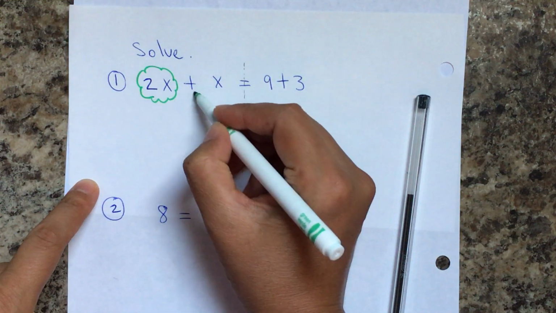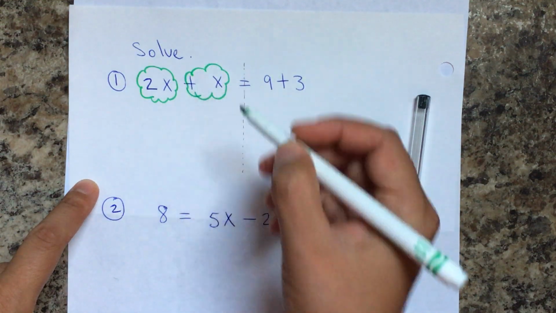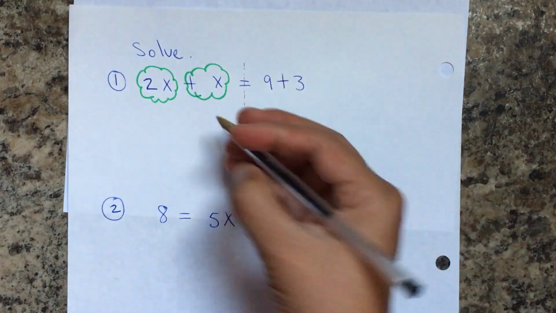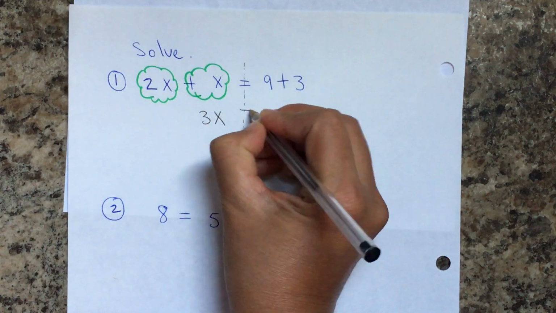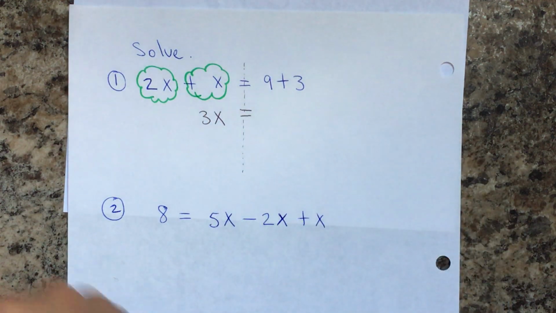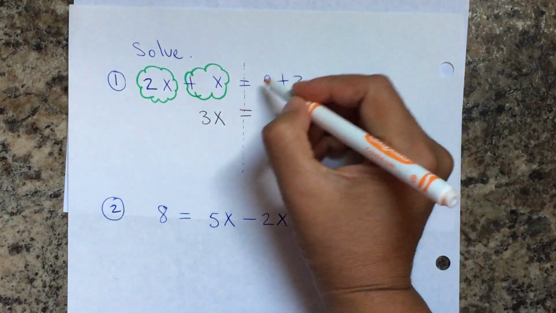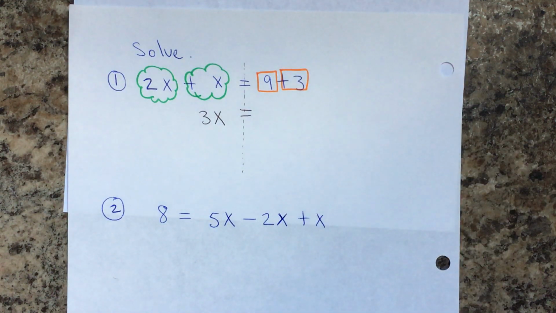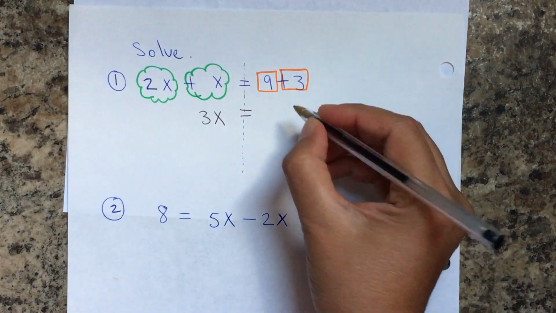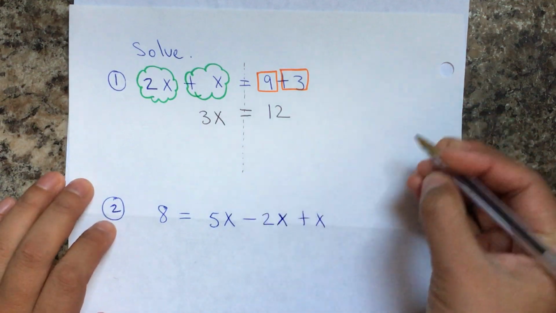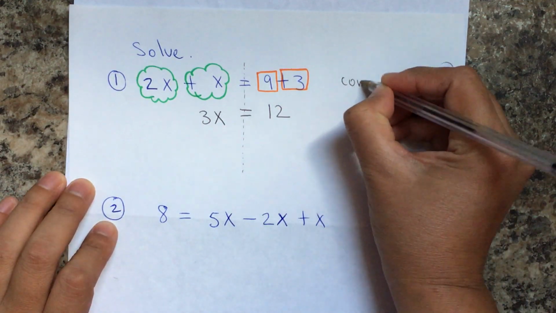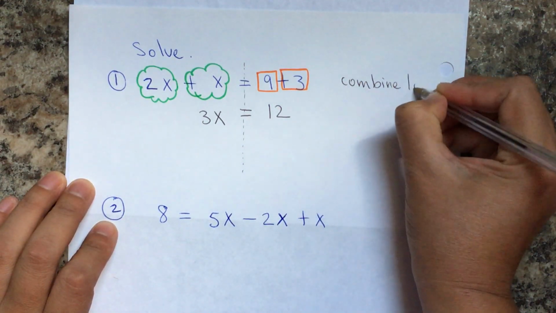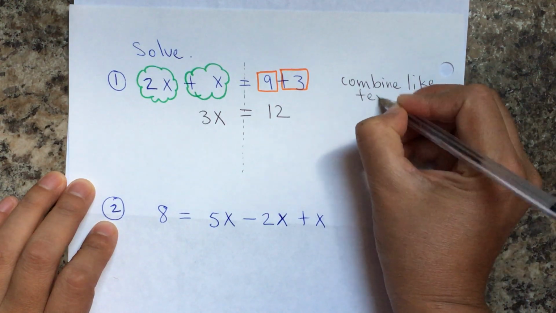Okay? And so in here, I notice that I have 2x, and this is positive x, so that gives me 3x equals. On the other side of the equal sign, I have a constant 9 and the constant positive 3. So 9 plus 3, both are positive, so it's going to be 12. And so in here it's combine like terms. That's what we did.